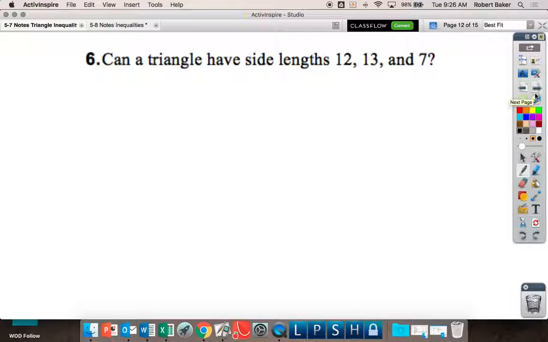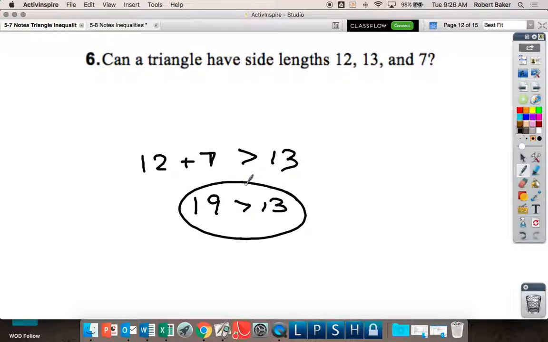Yes? Yeah, because 12 plus 13 is bigger than 7, right? 7 plus 13 is bigger than 12. So it's 12 because 13 is the large. So you have to do 12 plus 7 has to be bigger than 13. Is that true? Yes. A triangle does exist. Yes, it works.